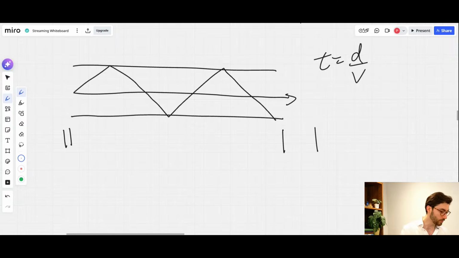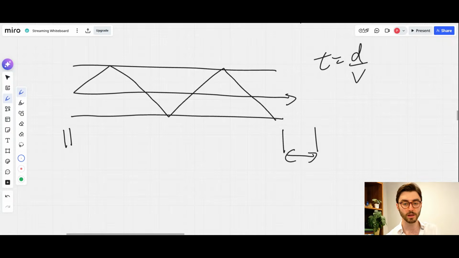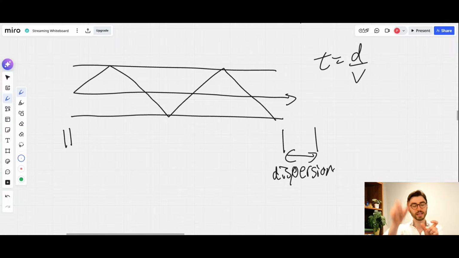So we can get this idea of dispersion where a pulse of light that was very thin has spread out because some of the light takes longer to get to the end than other light within the same pulse. And this spreading out is called dispersion. And this can be a problem if you are sending pulses of light through an optical fiber that start to smear into each other.